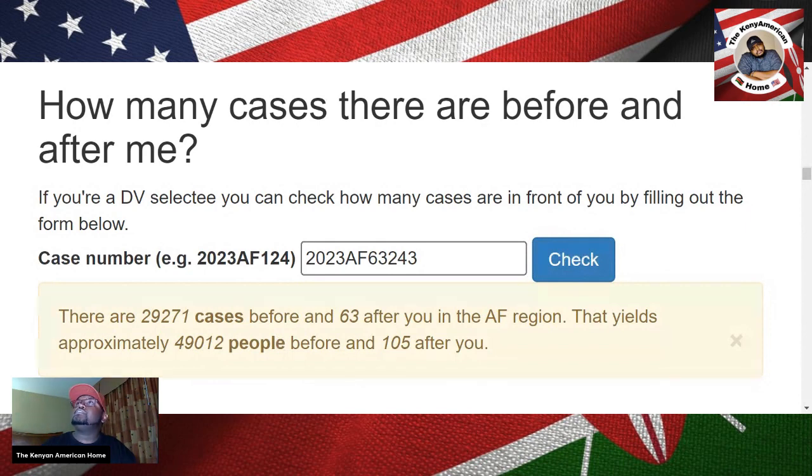I'm looking at the visa bulletin, you might not see me perusing it, but I'm going down to June. When they give you one month, like the May visa bulletin, they also give you the next month. So the next month, 63,500 is the visa cutoff.